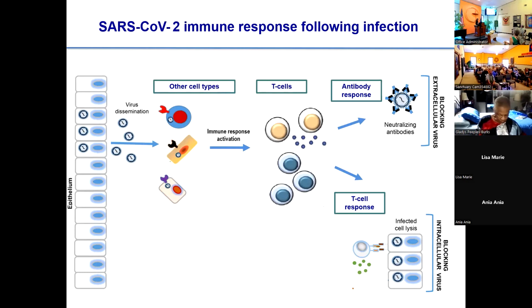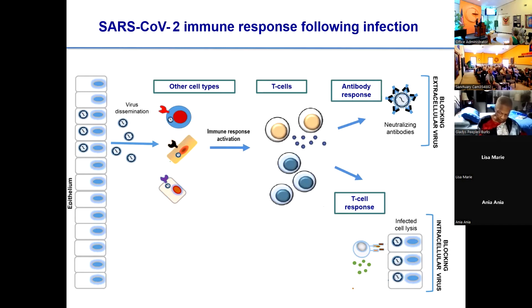Some of these cells produce antibodies, some of them neutralizing antibodies that recognize the spike protein, bind to it, and block the infection of other cells. That's why they're called neutralizing antibodies.